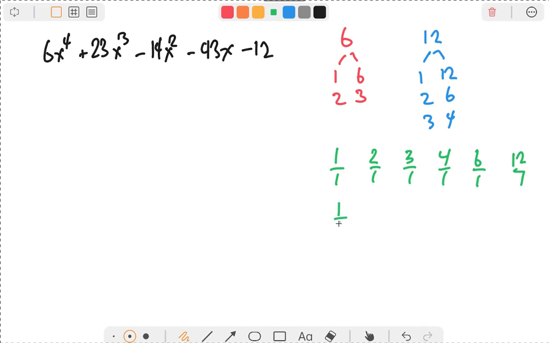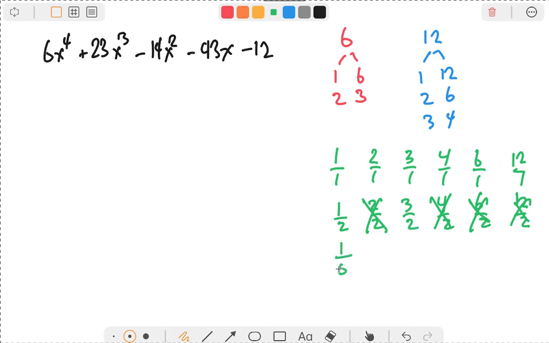I can go 1 over 2, 2 over 2, 3 over 2, 4 over 2, 6 over 2, 12 over 2. But 2 over 2 is just 1. I have that one already. 4 over 2 is just 2. I have that one already. 6 over 2 is 3. 12 over 2 is 6. So this one only gave me 2 new ones.